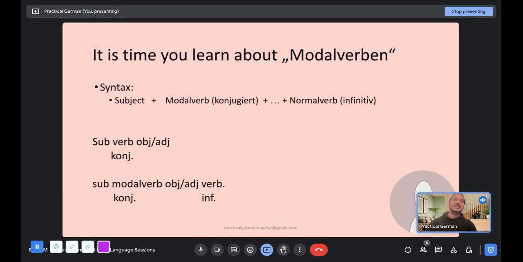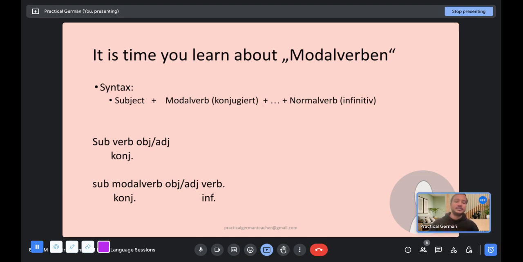It has to be at the last position. Remember this: it must be at the last position, and it will be in its infinitive form, which means you don't have to conjugate it. At the second position, you will have the modal verb, one of these six, and it will be conjugated. In between, you may or may not have an object.